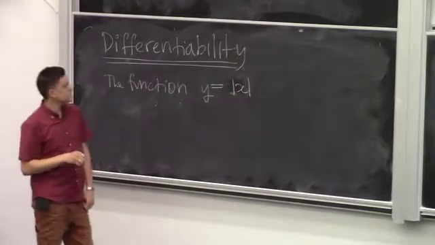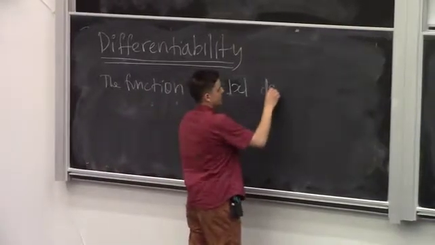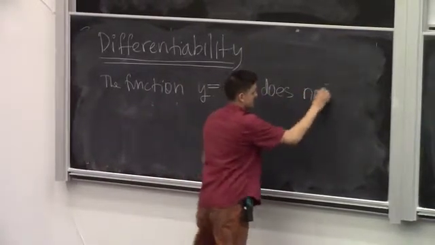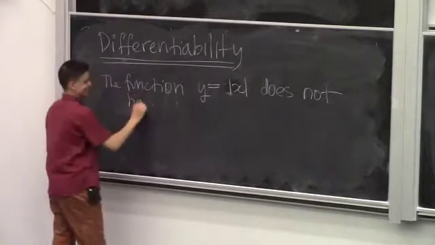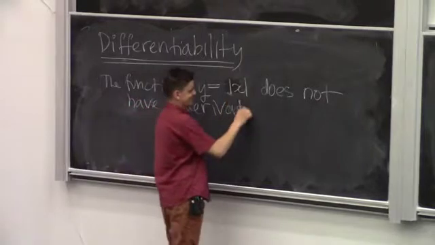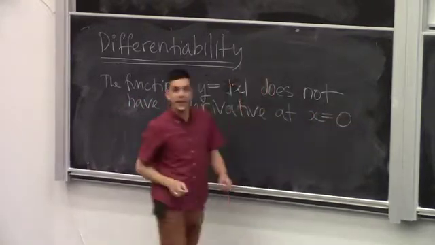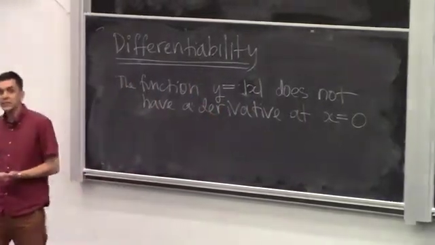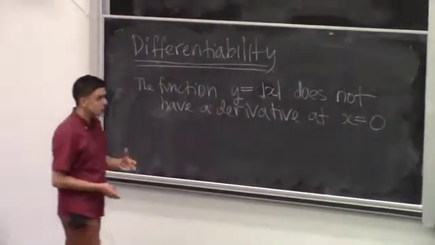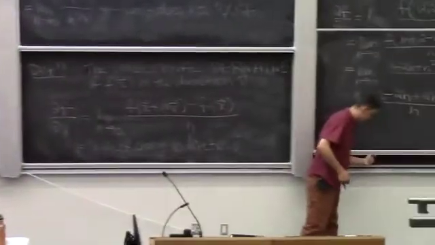The function y equals absolute value of x does not have a derivative at the point x equals 0. Okay, so this is sort of a subtle thing about this function.